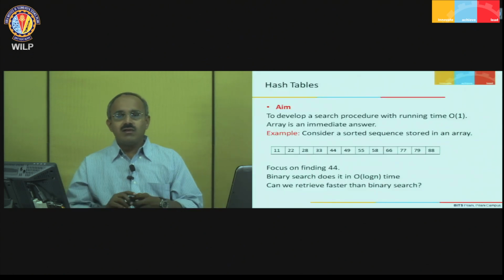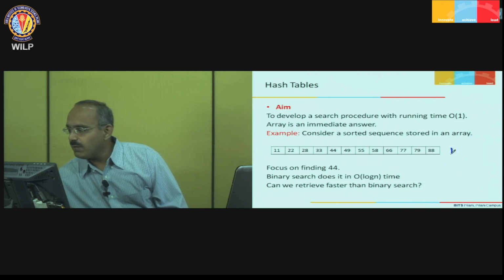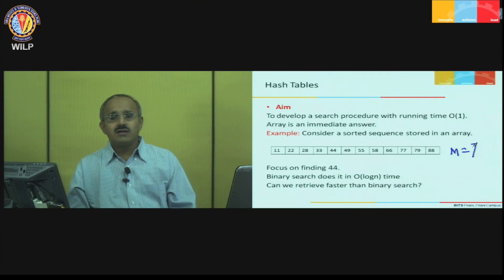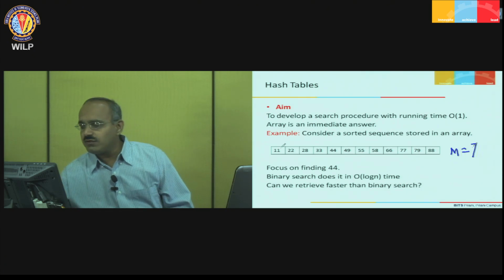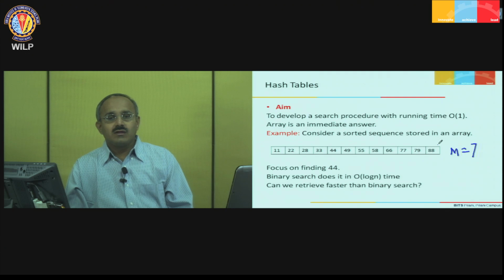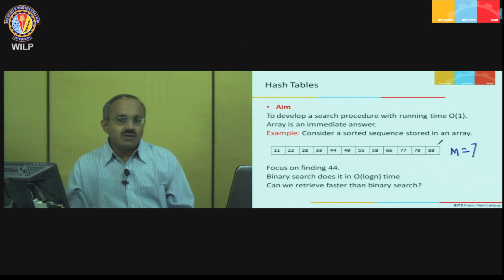In this example, as we said, if you take m equal to 7, and the number of keys that we have here is 1, 2, 3, 4, 5, the number of keys stored here are 12. Now, the possible values to which these 12 keys can be mapped is only 0 to 6, correct.